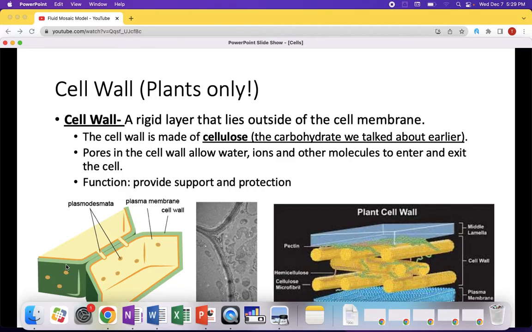There are pores in the cell wall that allow things to flow in and out. So the cell wall is not the barrier. The cell membrane is the barrier, and that's why we have the pores to allow things to enter and exit through the cell wall, so that it's not an extra barrier, but it provides the support and protection so that those plants can grow tall and strong.